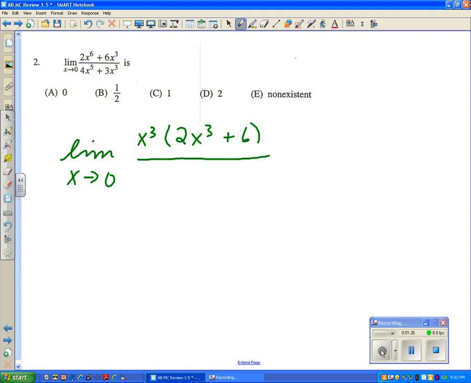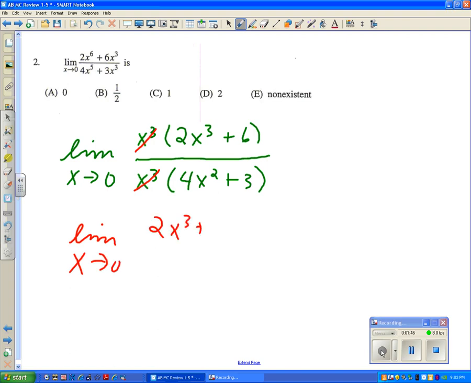And if I go to the denominator and factor out an x cubed, I'll have left behind a 4x squared plus 3. Now obviously the x cubes will cancel, and I'll now have the limit as x goes to 0 of 2x cubed plus 6 over 4x squared plus 3.